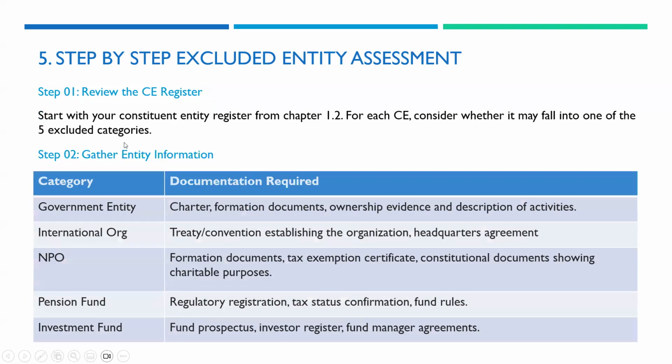Once you see that it is a pension fund, an international organization, or an investment fund, you gather entity information: for a government entity, charter, formation documents, ownership evidence, description of activities. For a pension fund, which should be regulated, regulatory registration, tax status confirmation, fund rules, etc. So you get all the documents.